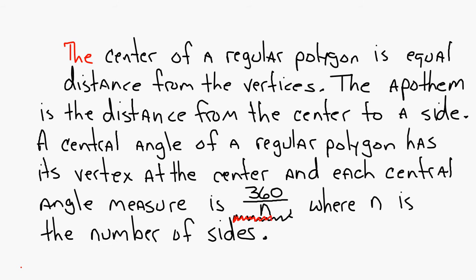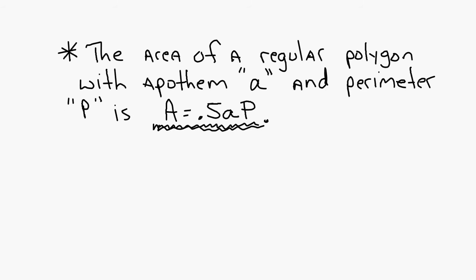Central angle measure is equal to 360 divided by n, and that the apothem is the distance from the center to a side. Those are the three biggies. Okay? So now these regular shapes are hard to draw, so we're going to look at that.